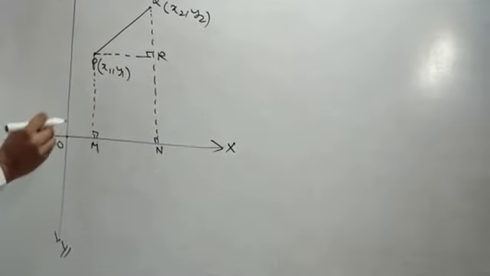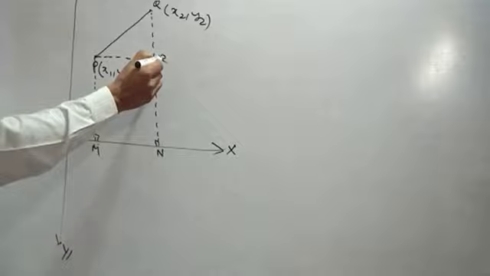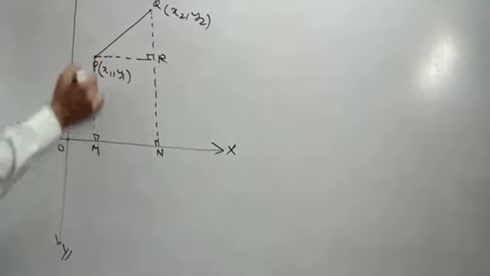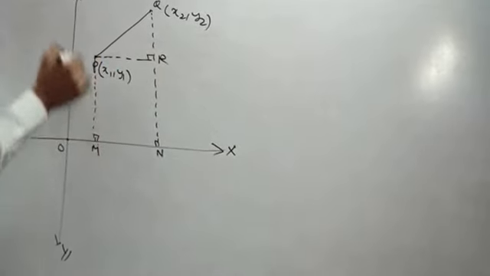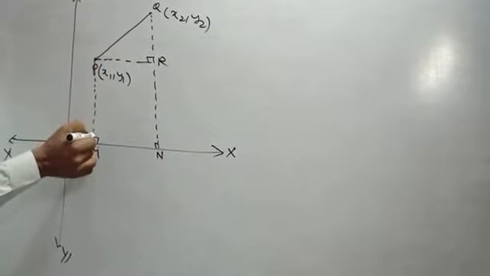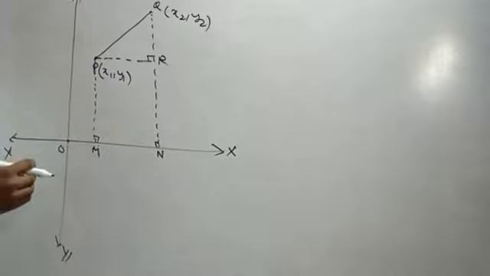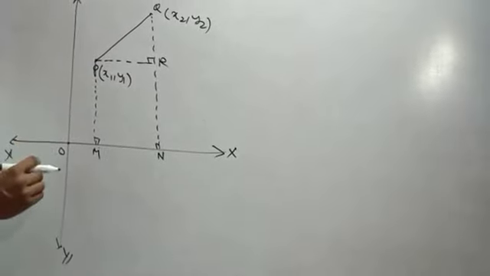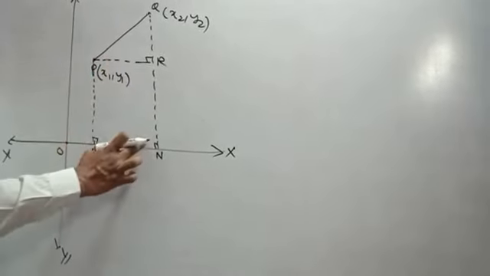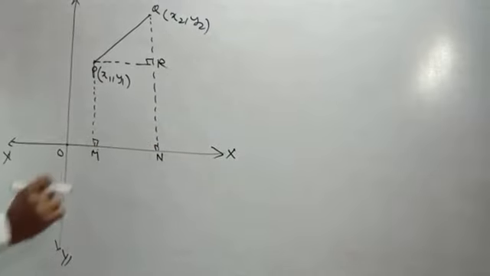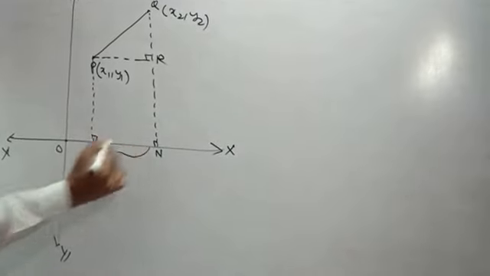Now if you observe, PM is the vertical distance. Vertical distance is nothing but the difference between the y coordinates, and horizontal distance is nothing but the difference between the x coordinates.